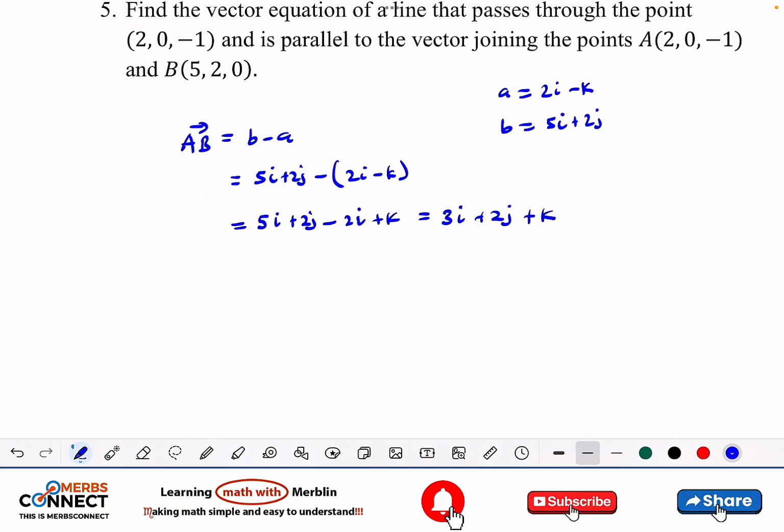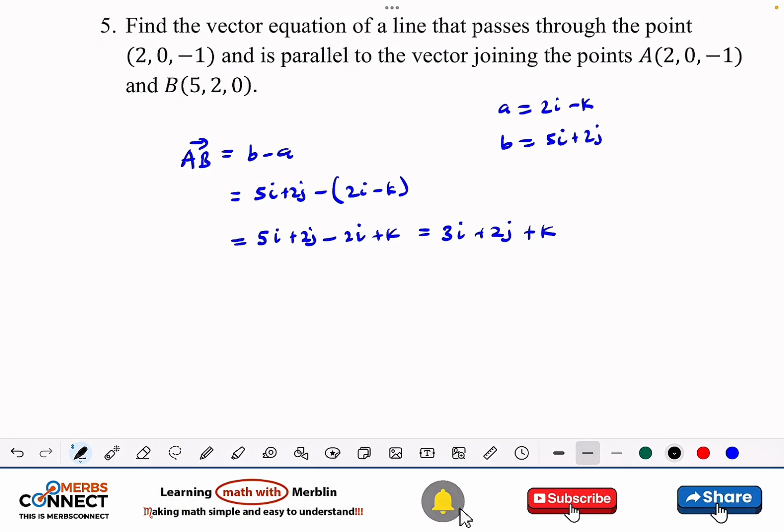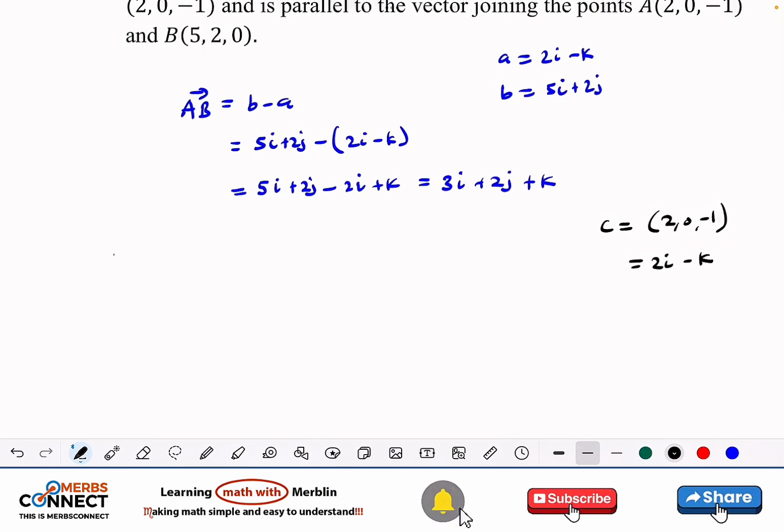So what will be the things that we need to do here? So now let's assume that c is equal to 2, 0, minus 1, which is 2i minus k. Then we are going to have our vector to be c plus, let's say, t times vector a, b.